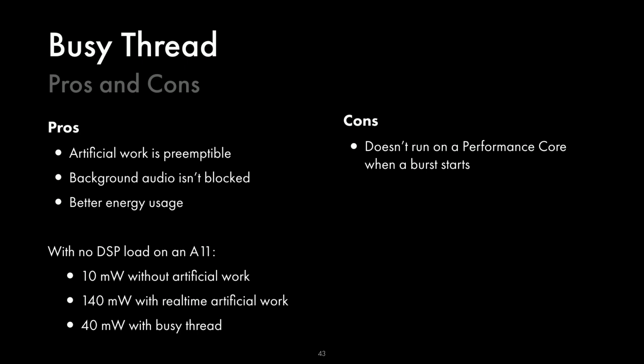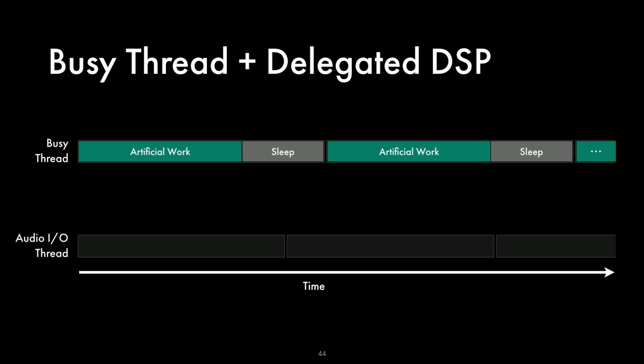So let's try yet another thing to see if we can get rid of that. This idea is that we're going to keep the busy thread, but we're going to offload DSP work to a worker thread. Instead of actually doing DSP on the audio I/O thread, we're going to ping pong between another thread, which is going to do the real work, and we're going to use synchronization primitives to wake up the other thread.